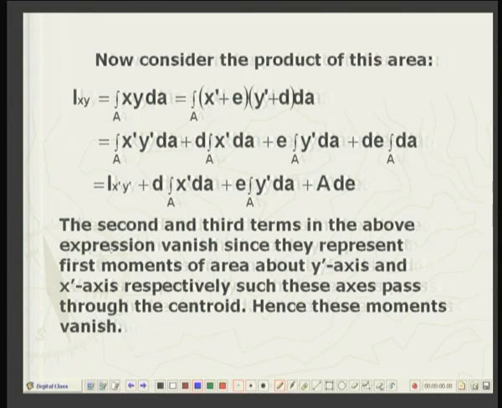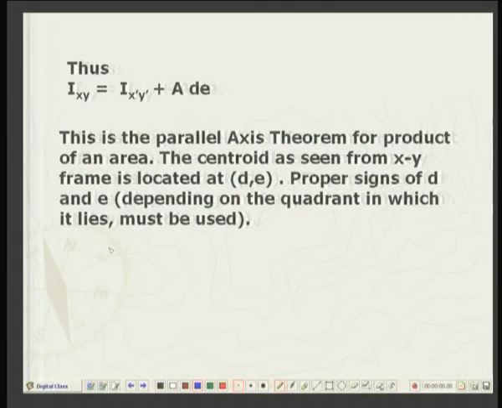So, we can say that these contributions vanish, and finally I x y is equal to the corresponding term in the old coordinate system, that is I x dash y dash plus an additional term, the area times the product of the normal distances between the corresponding coordinate axes.